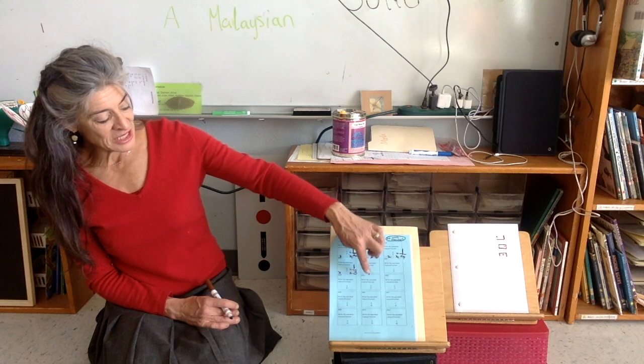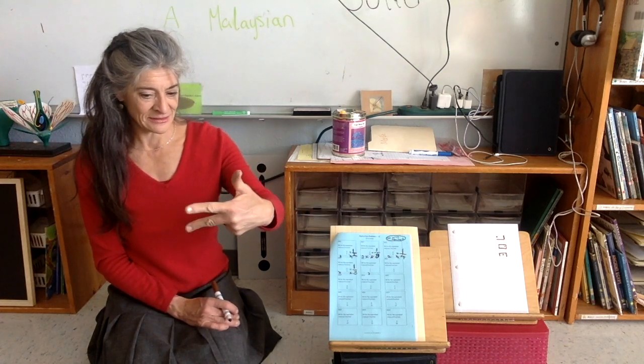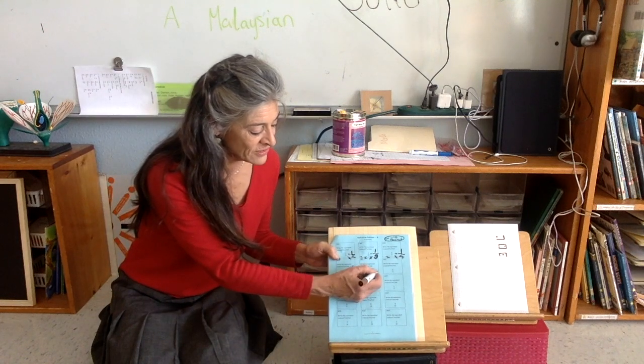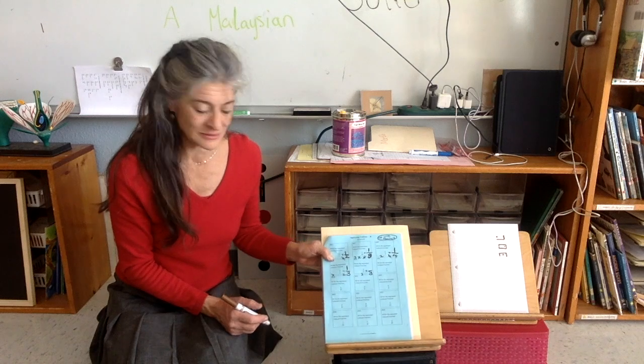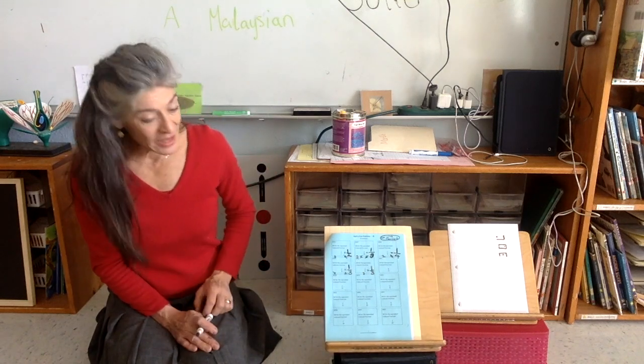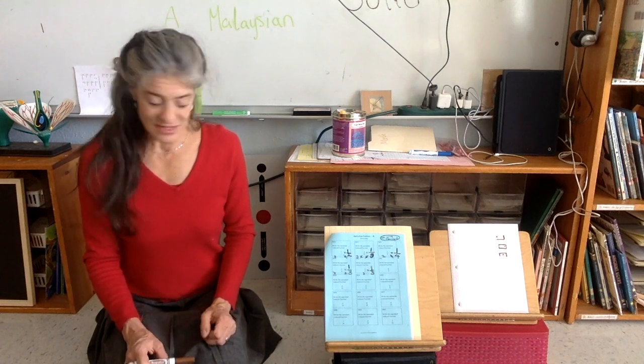So, how many times does 3 fit into the denominator? 3, 6, 9. 3 times, good. And it fits into itself once. Okay, I'm going to let somebody walk us through the next one. Gracie.